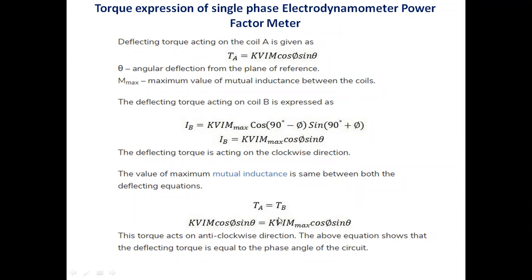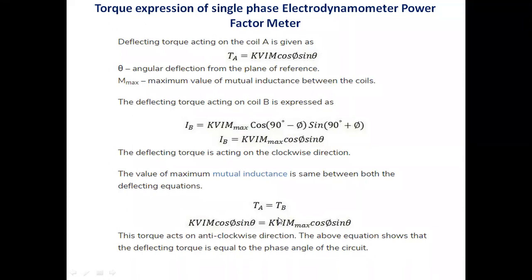It is an important note that the instrument must be designed and calibrated at a common constant frequency. At whatever frequency we are going to use, we have to design the power factor meter for that frequency only.